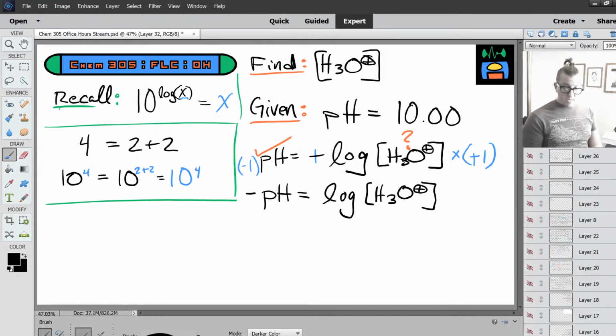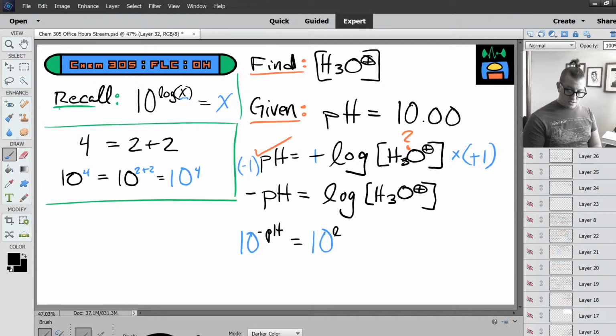Now we're at the place where we're going to make both sides exponents of 10. So we're going to do just like we did up here: 10 to the negative pH equals 10 to the log of the concentration of hydronium.